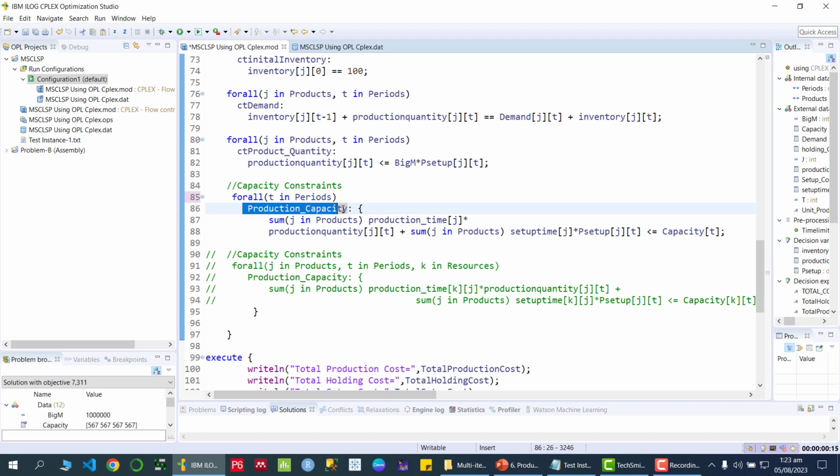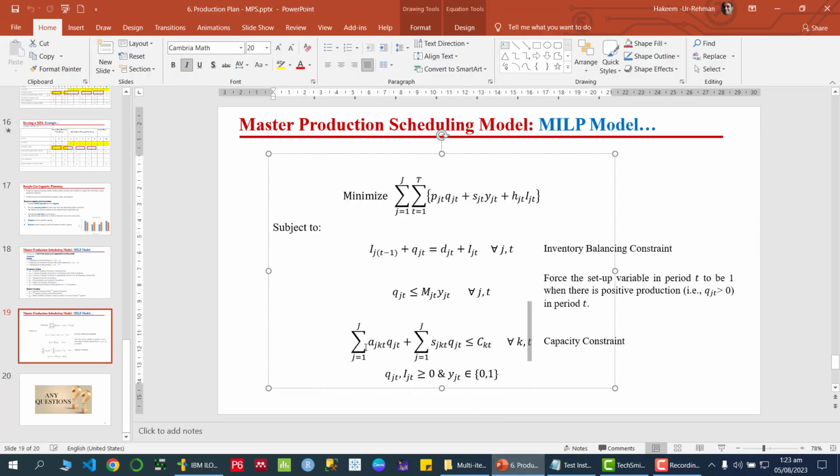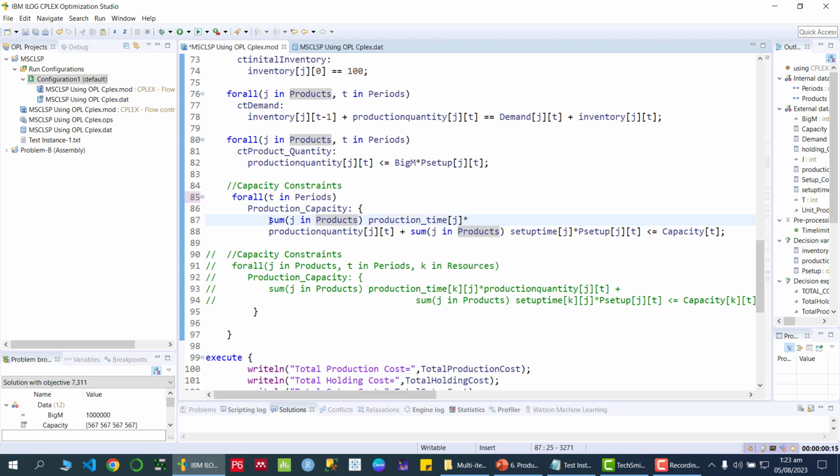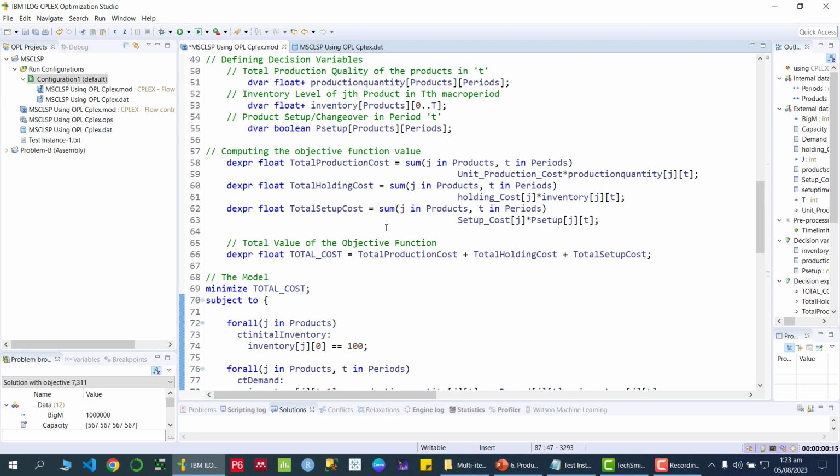Then this is the name of the constraint, and then we are saying this is the total production time. So how can we calculate that? The sum over j in products of the production time that we are consuming to produce a particular product j, multiplied by the production quantity, and this production time we have already defined over here.